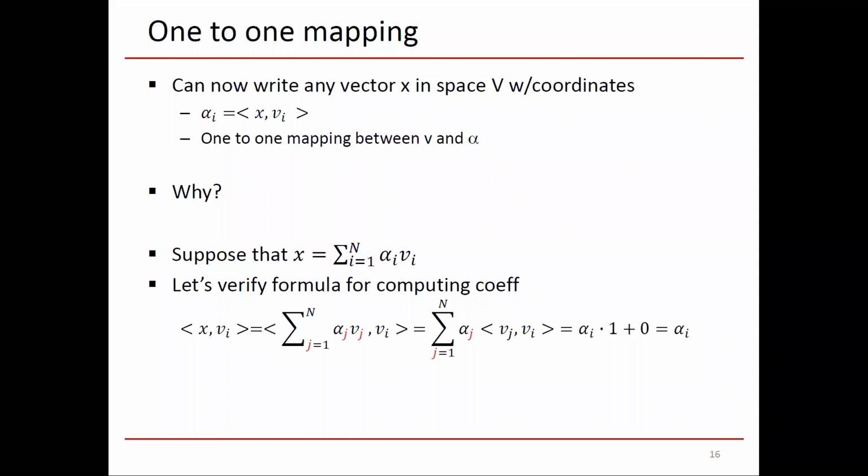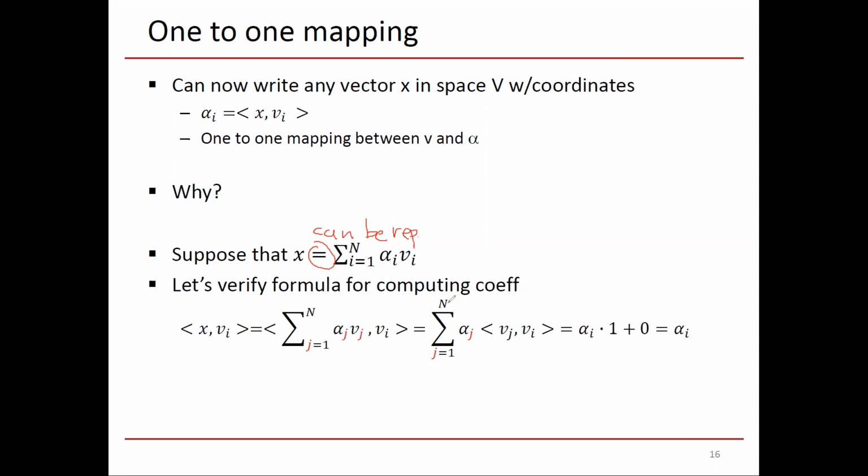If you have the alpha vector, you can get the x vector. Why is that? Let's suppose that x can be represented as a sum of alpha i vi. It can be represented, okay? This doesn't mean that it's unique. That's the important part.